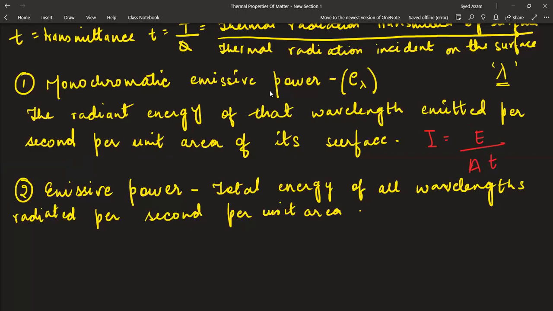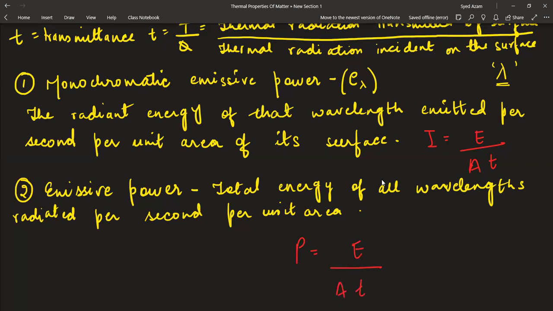That is monochromatic, when a single wavelength is there. And if you have lots of waves, the total radiation per unit area per unit second is the emissive power. This is also energy by area by time, but it comprises all the waves.